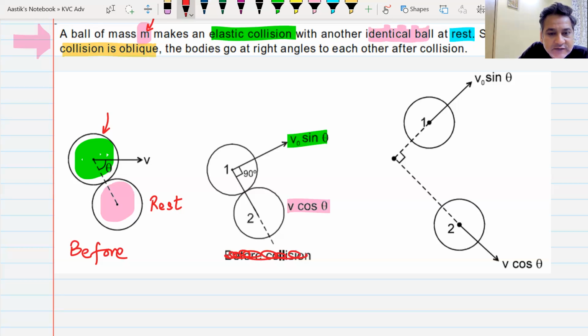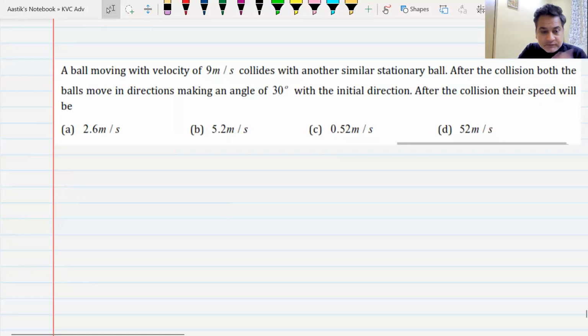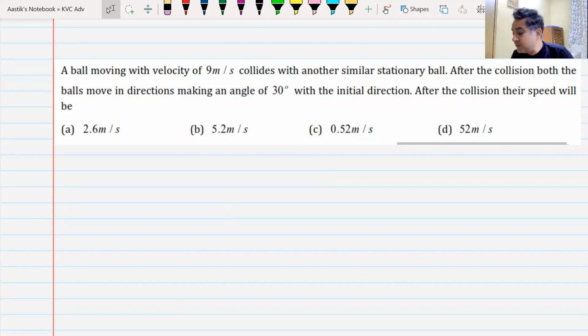Chalo, this is the question that we'll start proceeding with. Let's see if you can do this. A ball moving with a velocity of 9 meters per second collides with another stationary ball. After the collision, both the balls move in a direction of 30 degrees with the initial direction. After the collision, their speed would be.